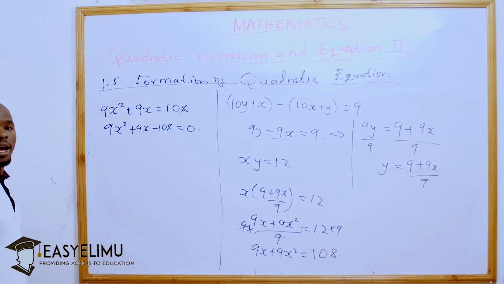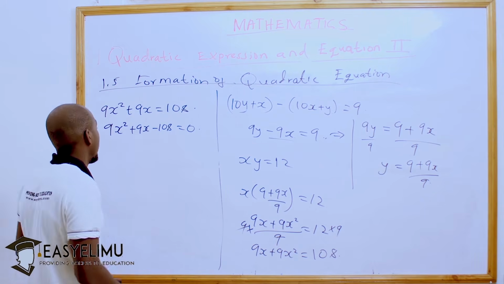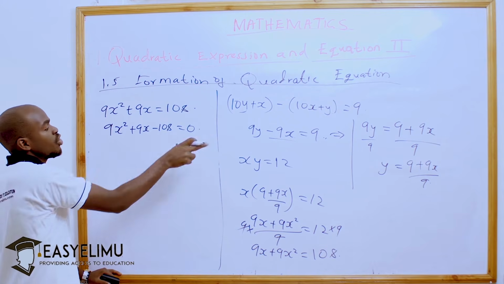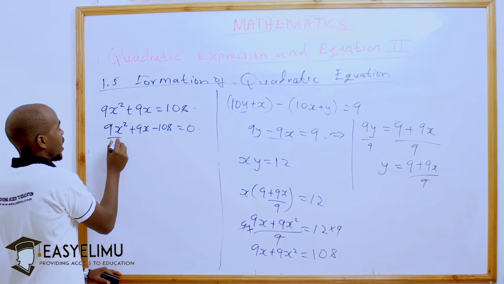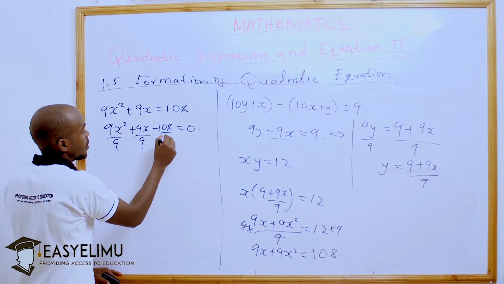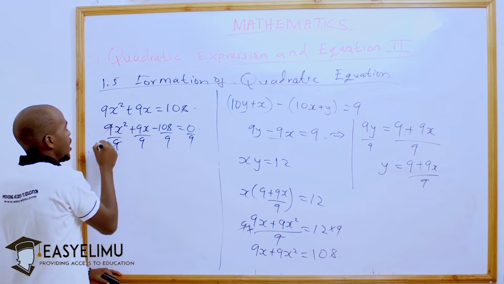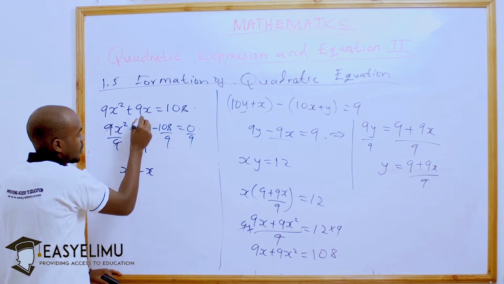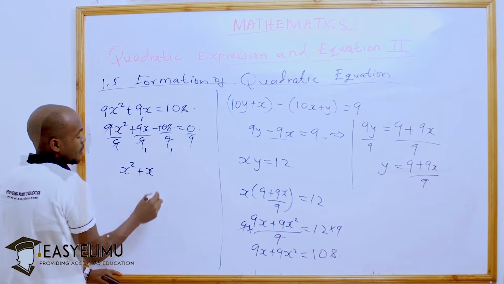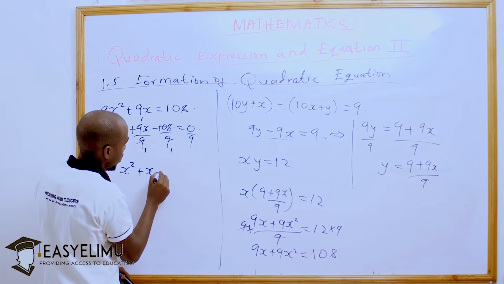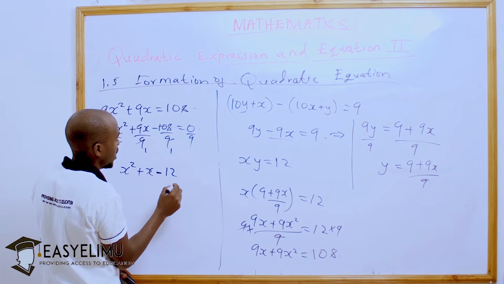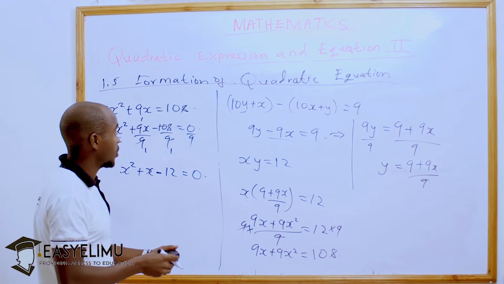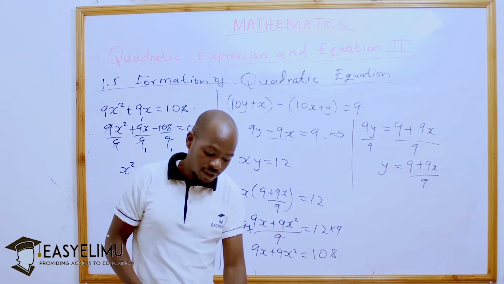If you use the other kind of quadratic equation method. So here we can see that 9 is common in both of them. So we can still divide out and find out that x squared plus x minus 12 is equals to 0, with 0 divided by 9 being 0 at this level.